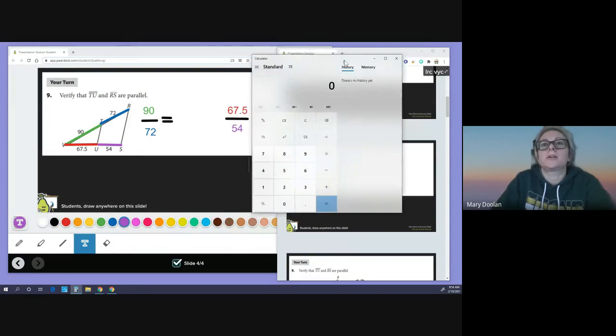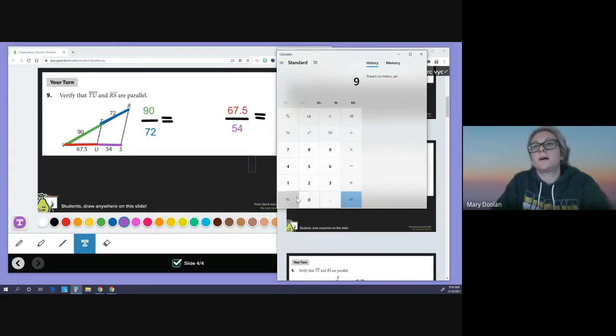So here is my calculator, and we're going to do 90 divided by 72, 1.25, which is the same as 5/4.